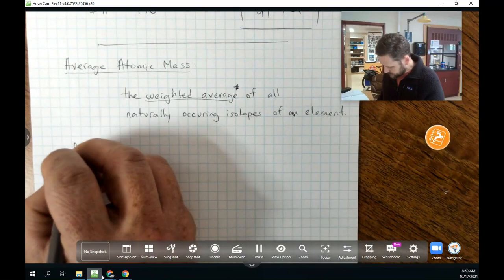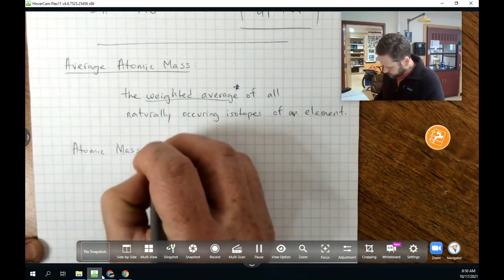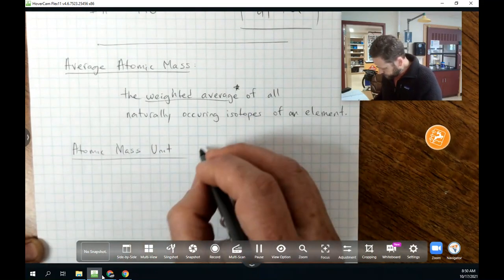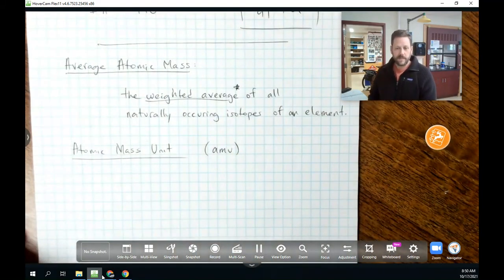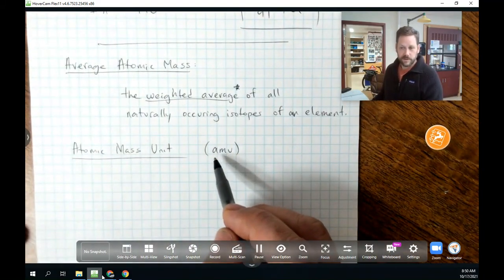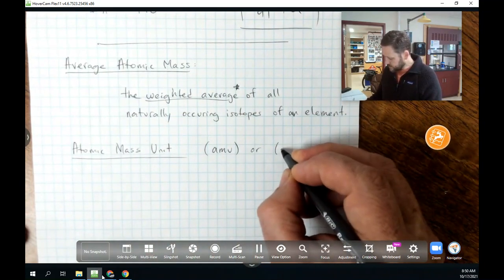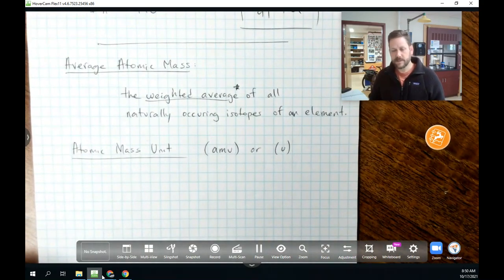Let's define those. The atomic mass unit, and the abbreviation is the AMU, is used because using grams is simply not convenient. The mass of an atom in grams would be a ridiculously small number.